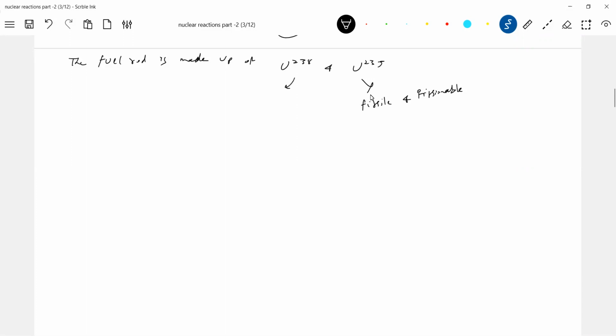What about this one? This is fissionable but not fissile. What do you mean by it? It means uranium-238 cannot sustain a chain reaction. Why can it not sustain a chain reaction? What is the problem with that?